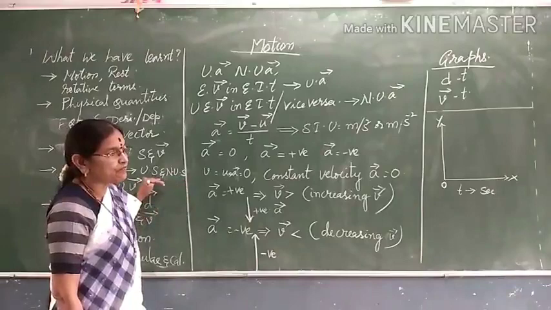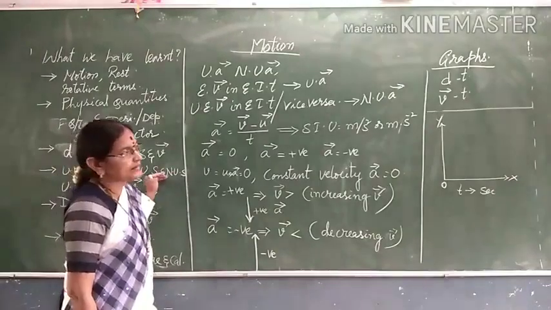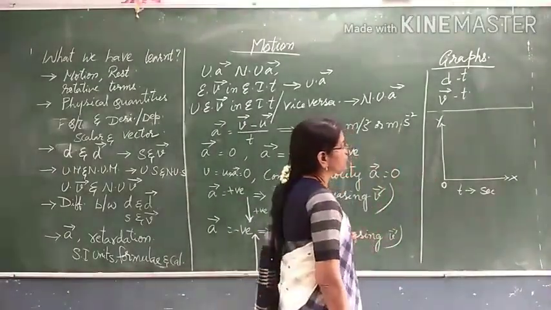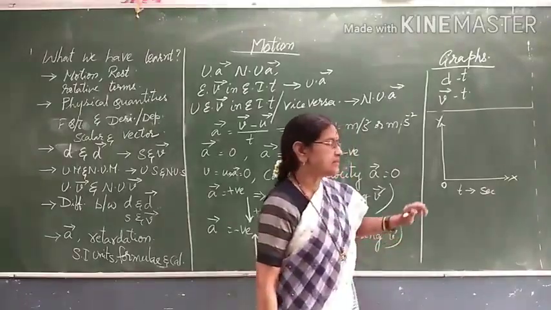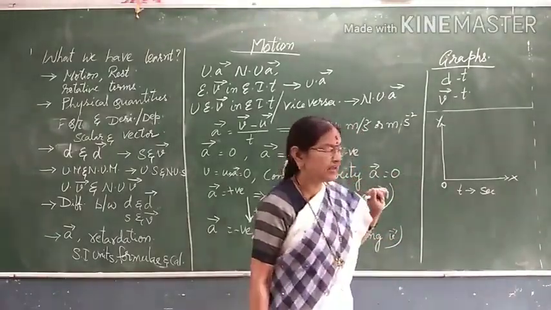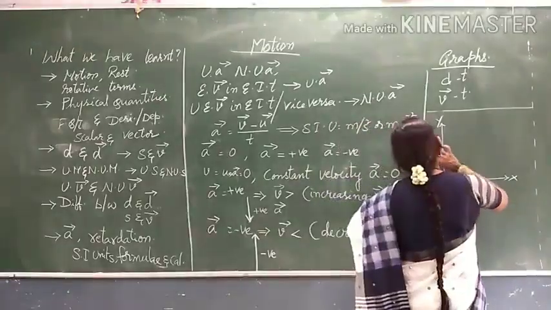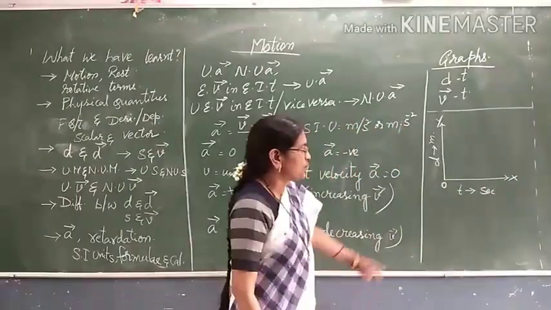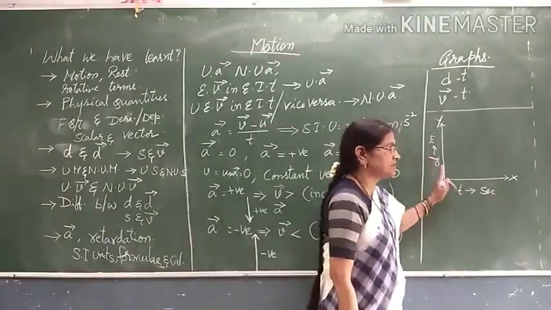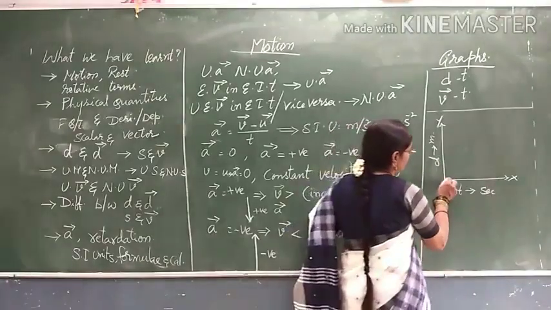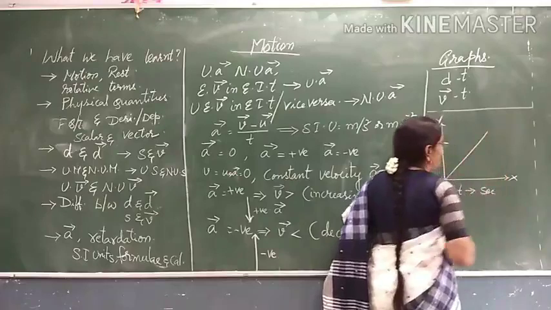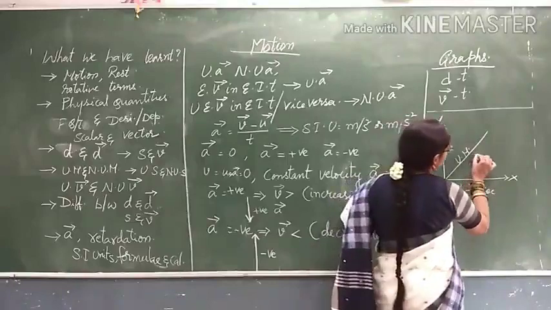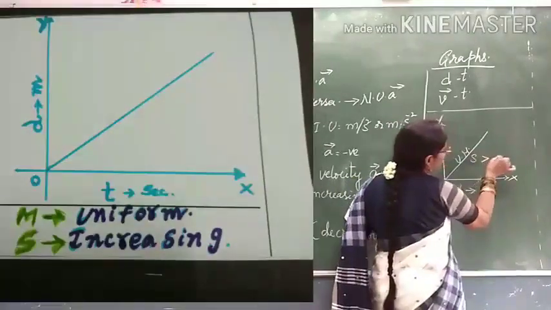When the body possesses uniform motion, covering equal distances in equal intervals of time, then it is... speed goes on increasing.